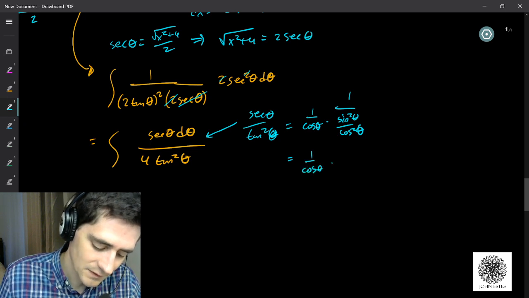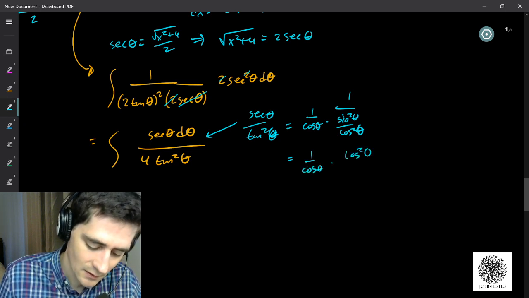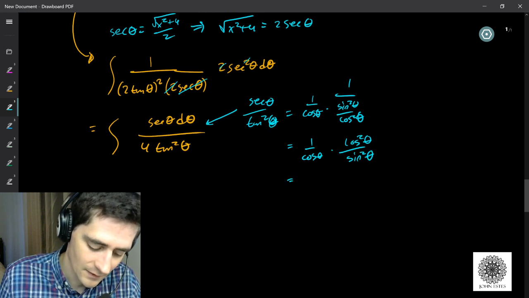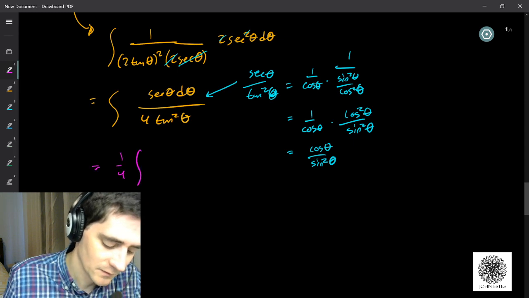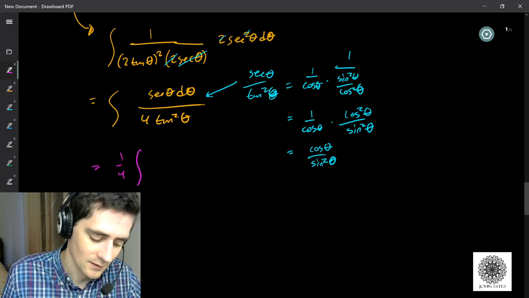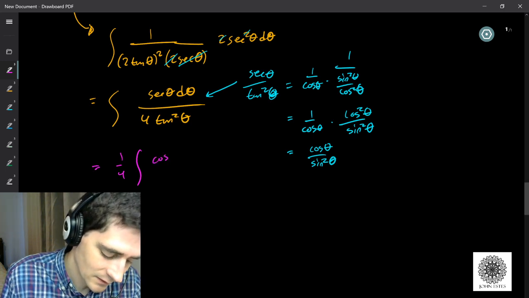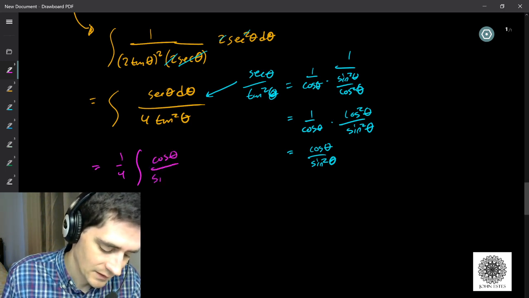So that's 1 over cosine theta times cosine squared over sine squared. And now hopefully you can see that that reduces down to cosine over sine squared. All right, so now my integral here is going to be 1/4, taking out the 1/4, times cosine theta over sine squared theta d theta.